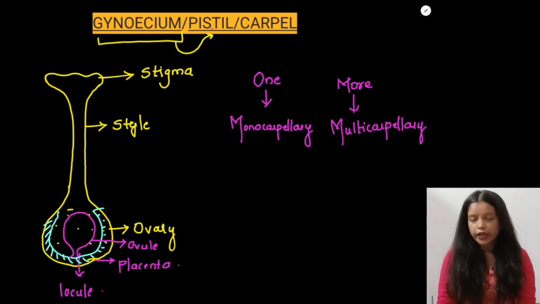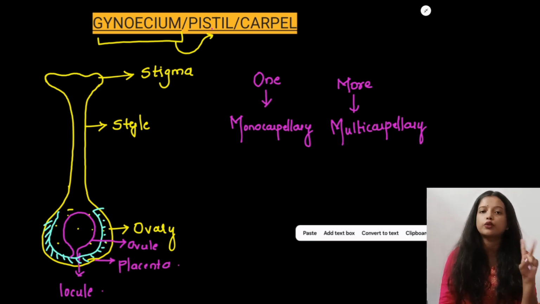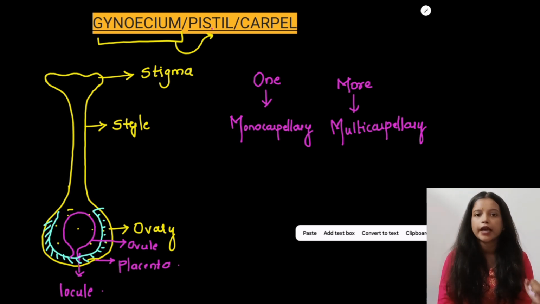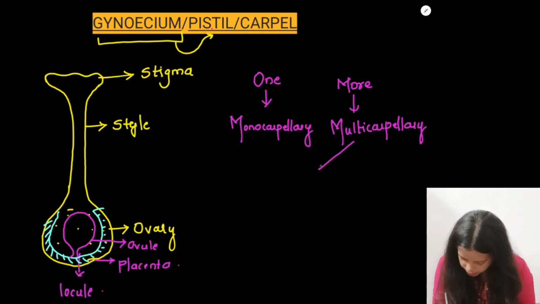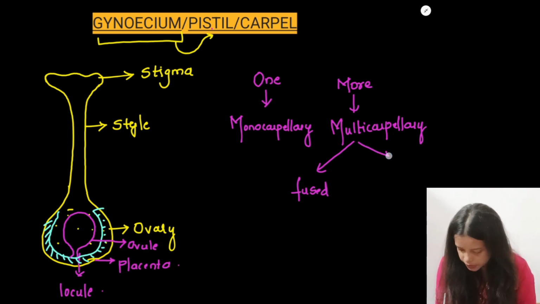When there are many carpels, there are two chances. Sometimes the carpels are fused and sometimes the carpels are free. In some species, the carpels are fused. In some species, the carpels are free.